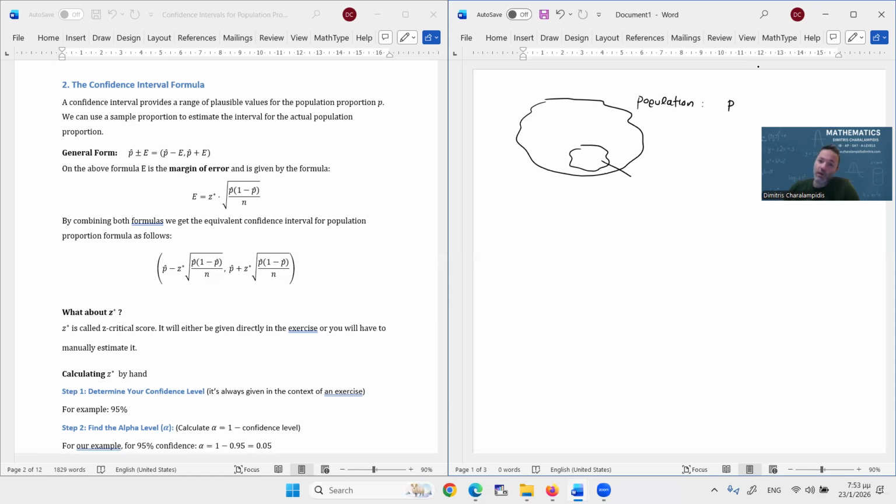I will show you how from the sample we can get a sample proportion, let's call it p hat, and with this sample proportion we can estimate the confidence interval. So, assuming that we got a sample of size n, the confidence interval for the true population proportion would be given by p hat minus E up to p hat plus E. I told you that p hat is the sample proportion.